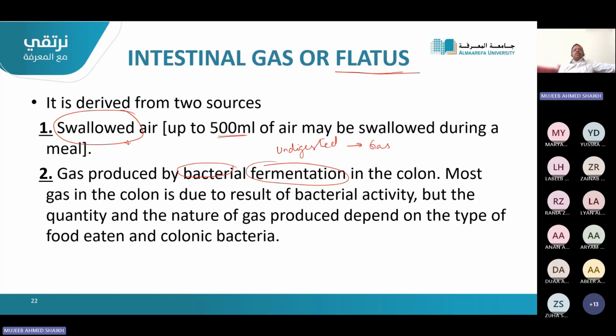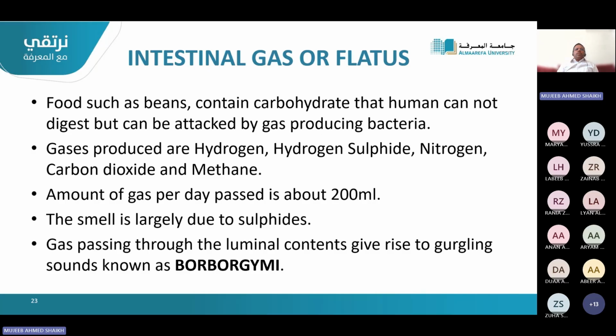Most of the gas is a result of bacterial activity, but the quantity and nature, how much gas is produced and which type, depend on which type of meal or undigested food is present in the colon. Beans and other lentils will produce more gas, because beans contain carbohydrates that humans cannot digest. So they will be attacked by the bacteria, and this will produce more gas.